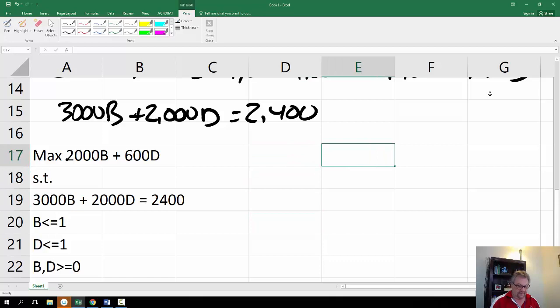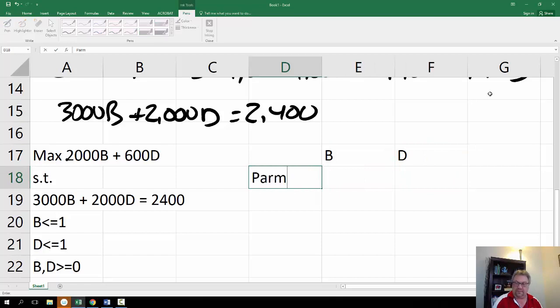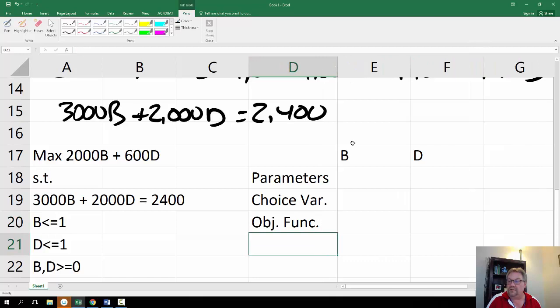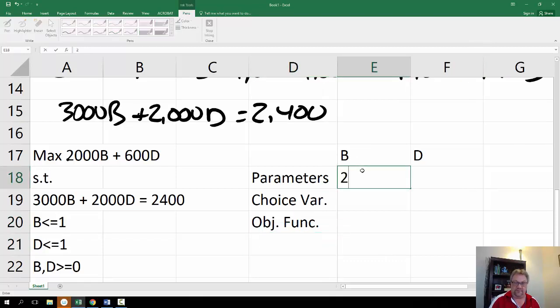So setting this up, I'm going to find B and D. And I got my parameters, my choice variables, my objective function, fine. And what do I got here? So my parameters, 2,600.